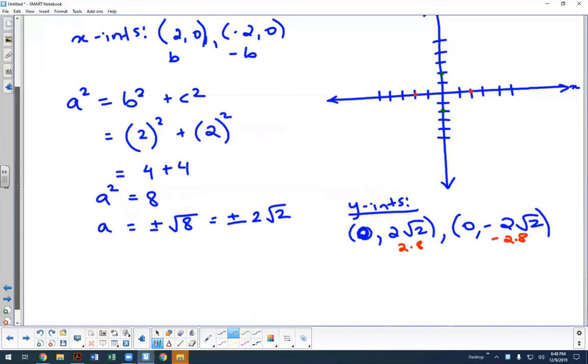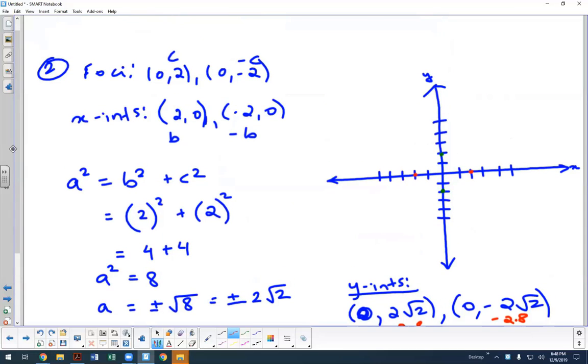So that will help you draw where your y-intercept should be. 2.8, so just a hair underneath 3. Of course it should be. Not quite as circular as I drew it. You should see just a little bit of a longer side on the vertical major axis.